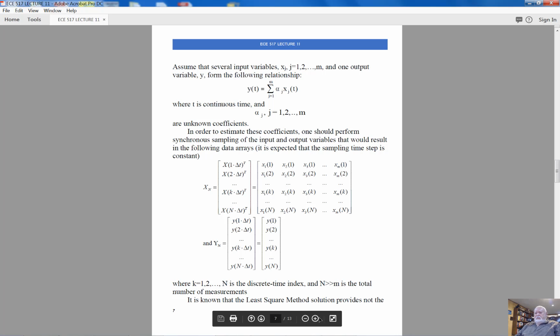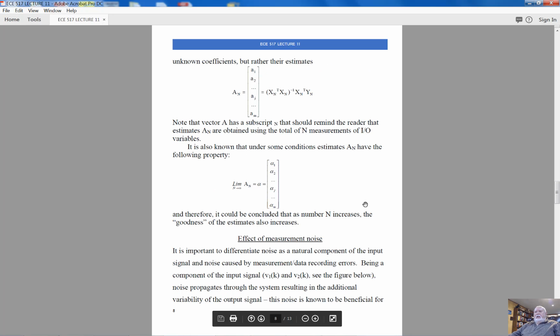Now, what do we know about the least square method solution? The least square method solution provides, generally speaking, unbiased results. It gives you results that are optimal, assuming that we use the data available to us.